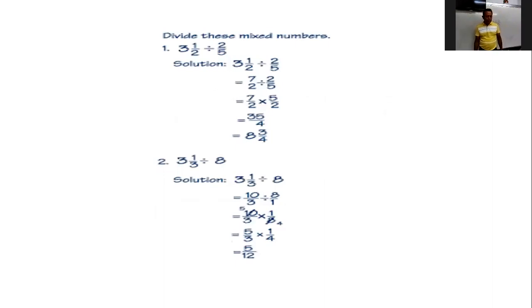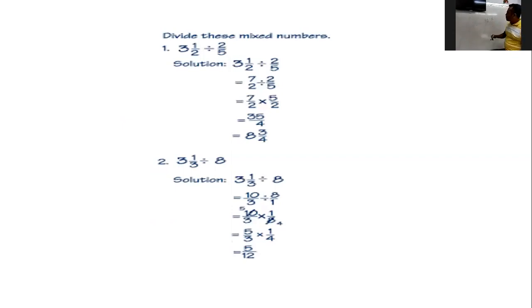Okay? This is 3 and 1/2. 3 1/2 divided by 2 over 5. First, change this one.